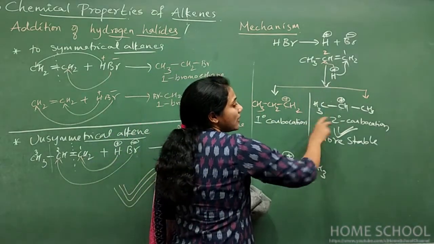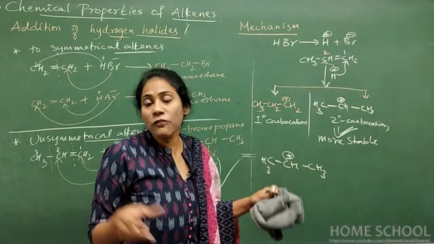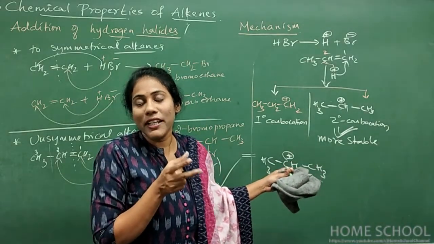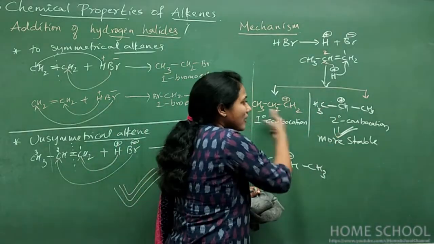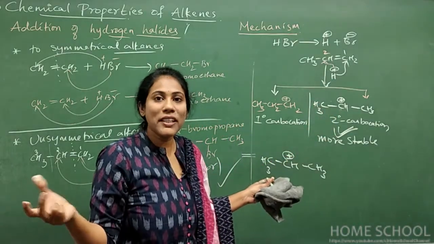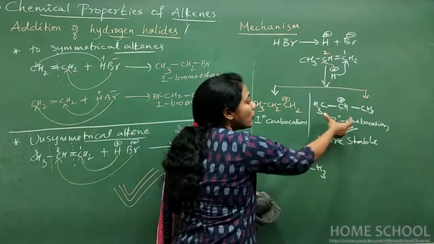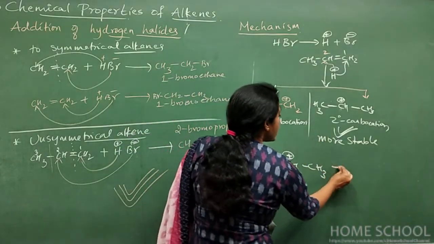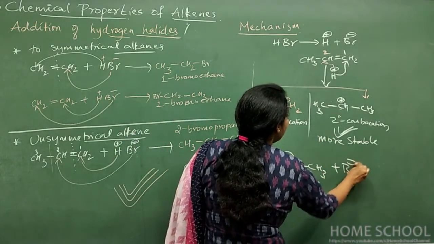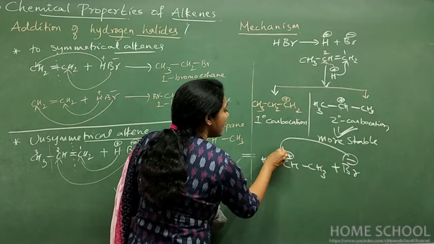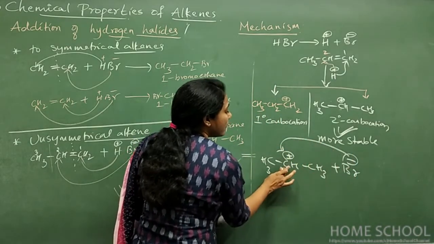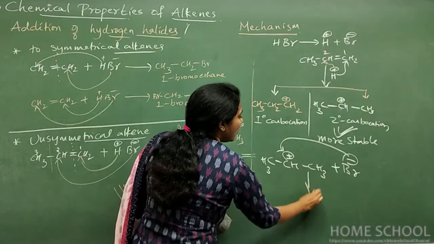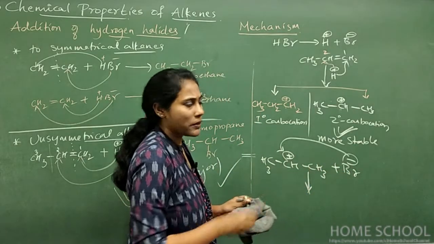This fellow is more stable in the sense that it is staying in the reaction for some more time. Intermediates are not really stable, but compared to this one, it is okay. This is going to stay for some more time, so there is a chance for Br minus to come and stay with this carbon. It will make a bond with this carbon. Always, positive-negative bond formation takes place.